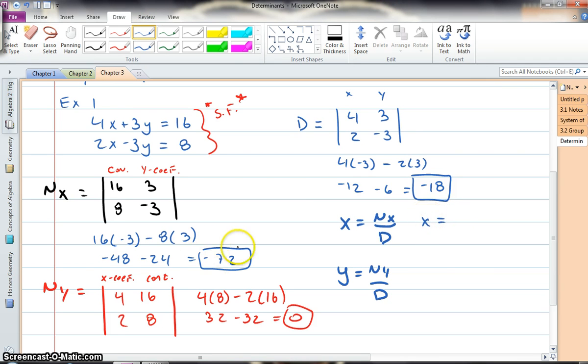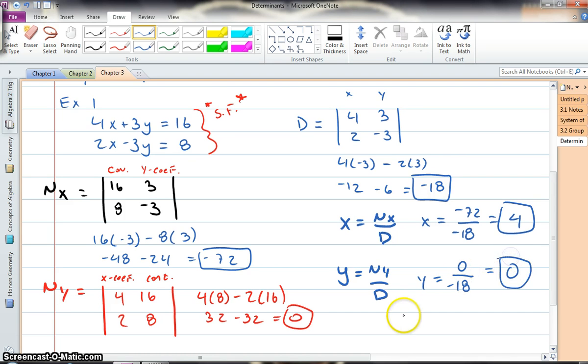X is negative 72 over negative 18, which simplifies to positive 4. And y is numerator y, which is 0, over the denominator of negative 18, which is 0. So my solution is 4, 0.